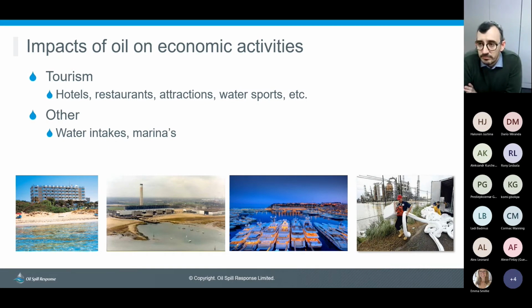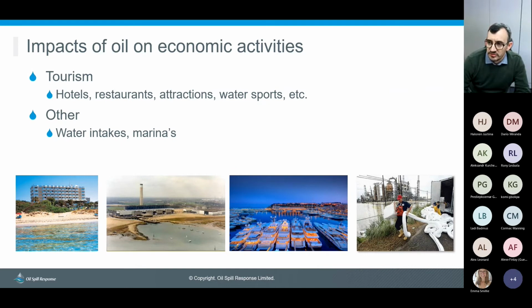This is a broad term, but essentially includes businesses such as hotels, restaurants, attractions, water sports, etc. These can be affected by oil on the water's surface or on the shore. Much depends on the extent to which the businesses are dependent on the coastline affected and their proximity to the impacted area. So again, we've got that kind of term remoteness. How close to the impacted area are they?